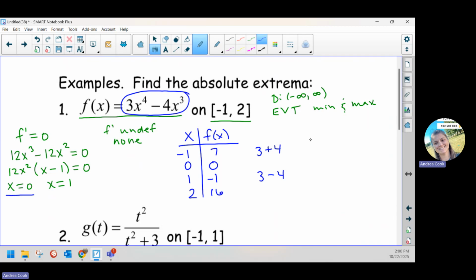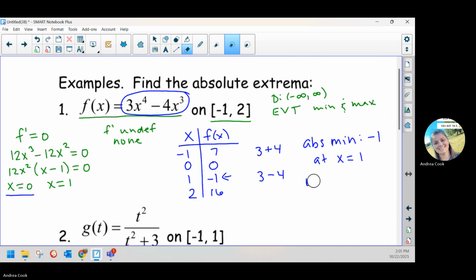So my absolute minimum is the smallest of this, which is -1. And that happens at x equals 1. And then my absolute maximum is the biggest number, which is 16.